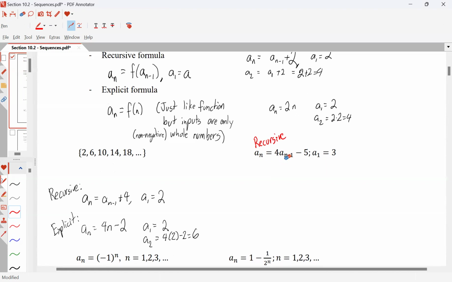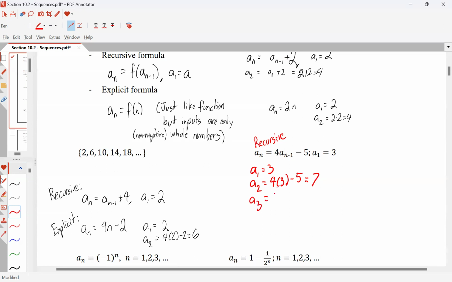So we're told the first term is 3. So then the second term is going to be, what if I plug in 3? So 4 times 3 minus 5. 12 minus 5 is 7. So the second term is 7.